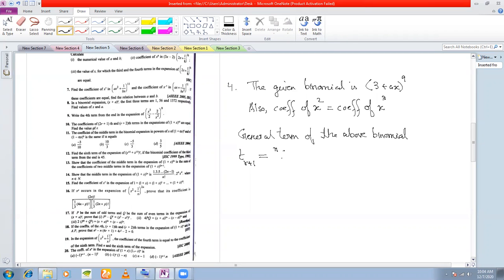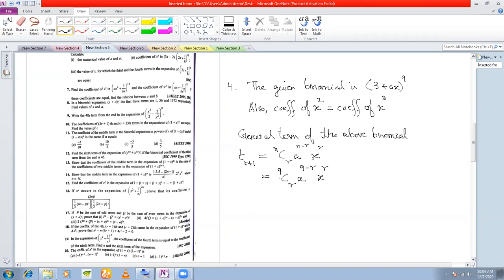You know, nCr a to the power of n minus r x to the power of r. And what is n here? n here is 9, right? 9Cr 3 to the power of 9 minus r (ax) to the power of r. This is the general term.